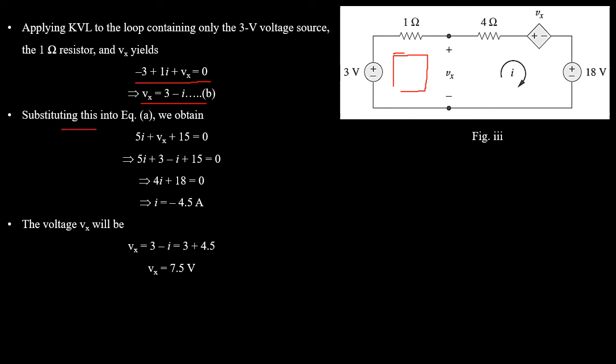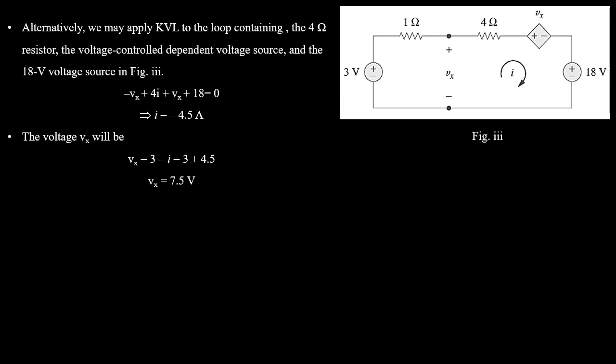Substituting this in equation A, we obtain 5i plus Vx plus 15 equals 0, or 5i plus 3 minus i plus 15 equals 0. On simplifying, the current i will be equal to minus 4.5 ampere. Now substituting this in equation B, we will get Vx equal to 7.5 volts.